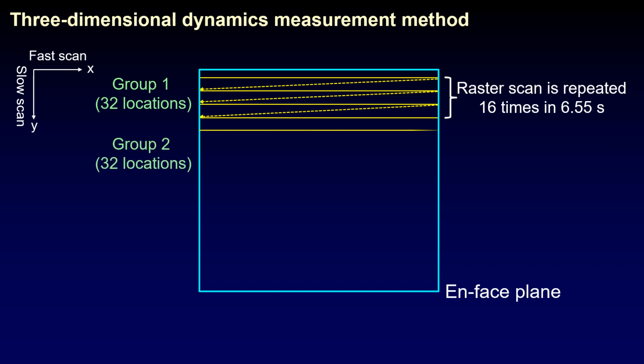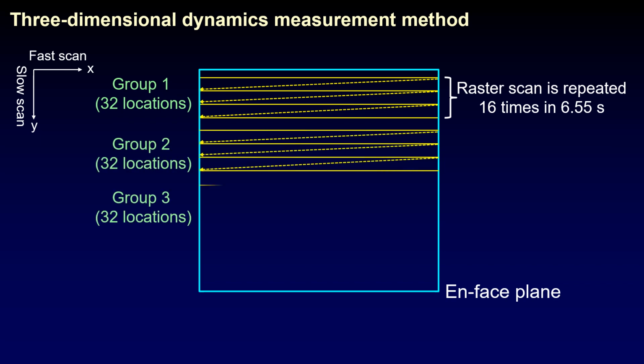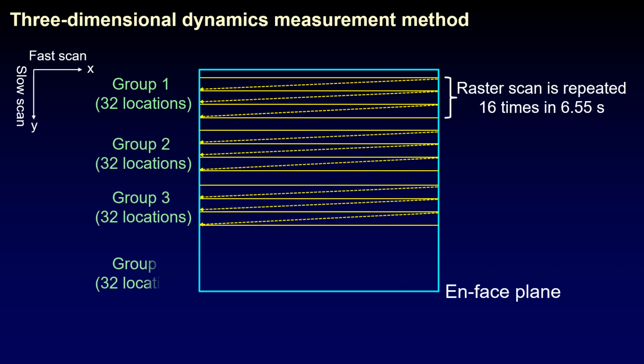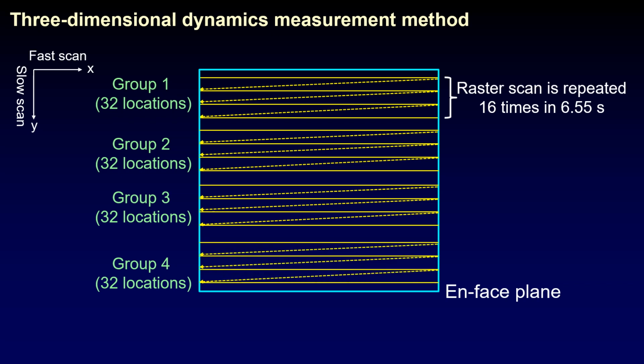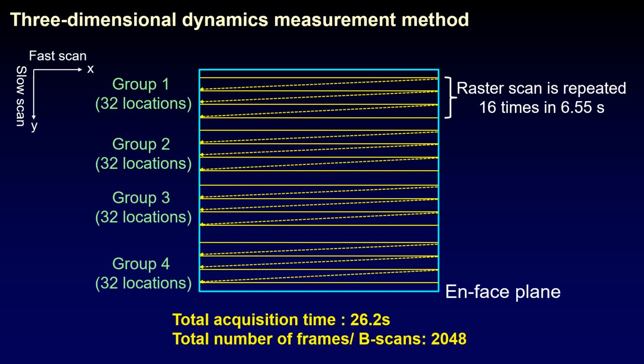The scan is performed for group 2, group 3, and group 4 in a similar manner as group 1. The total acquisition time for a volume is 26.2 seconds, and the total number of frames or B-scans used in the study is 2048.